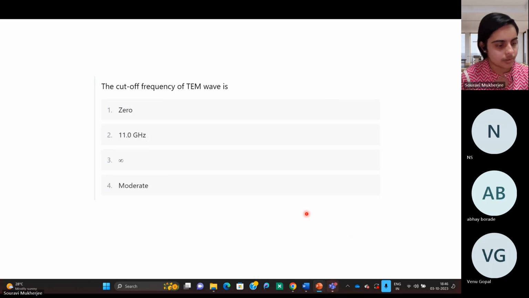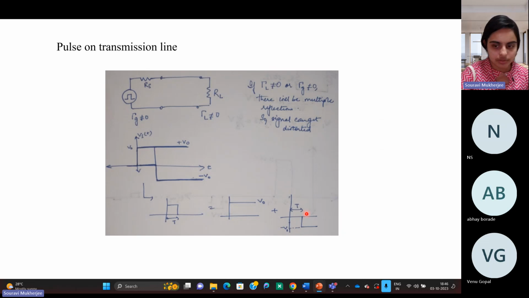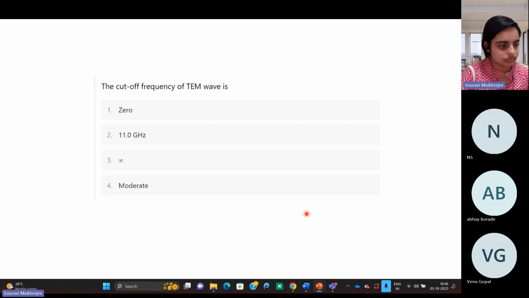Do all of you agree? The cutoff has to be 0, because that means whatever the frequency, it won't get propagated. If it were infinity, that would mean everything gets propagated, right? So for any hollow waveguide, the cutoff frequency of the TEM wave is 0.